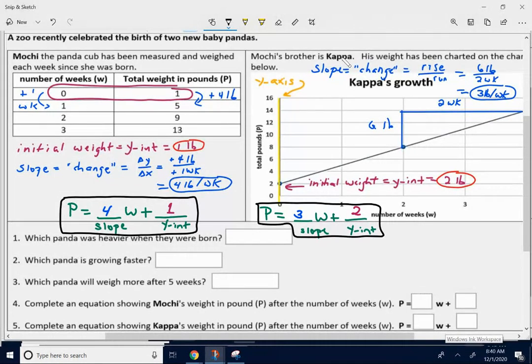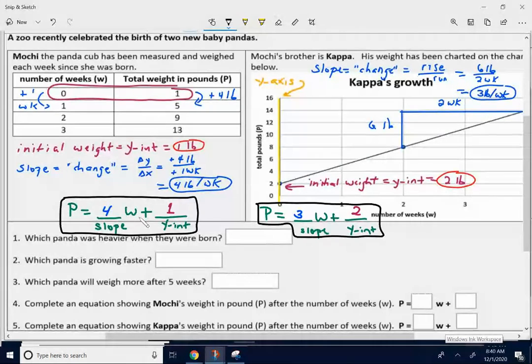Kappa's equation would be P equals 3W plus 2. So there are the equations for problems 4 and 5. P stands for pounds, W stands for weeks.